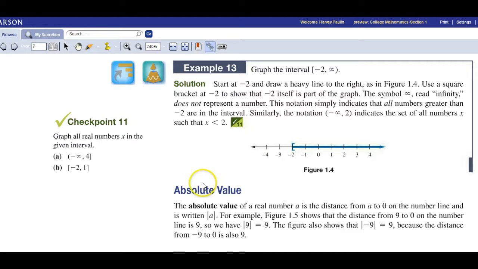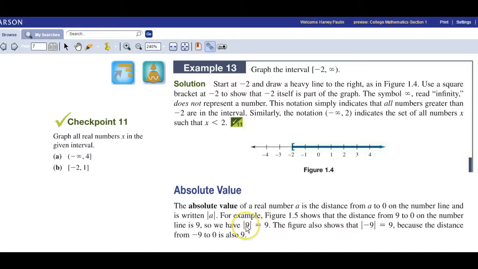Okay, another little math definition is absolute value. The absolute value of any real number is its distance from 0. And since distance is always positive, any absolute value will always be its positive value.